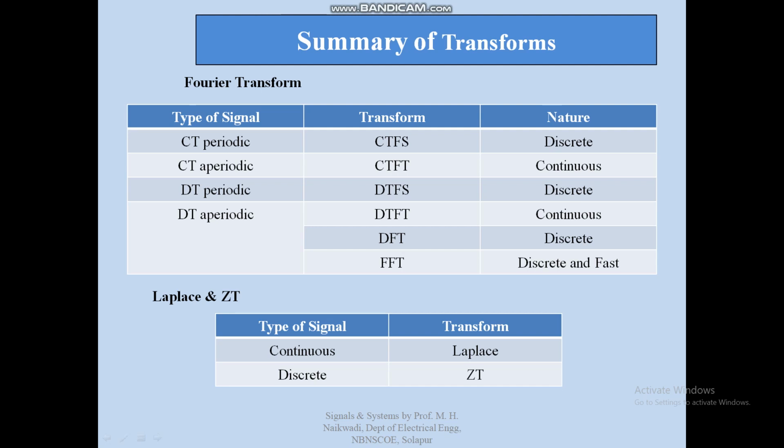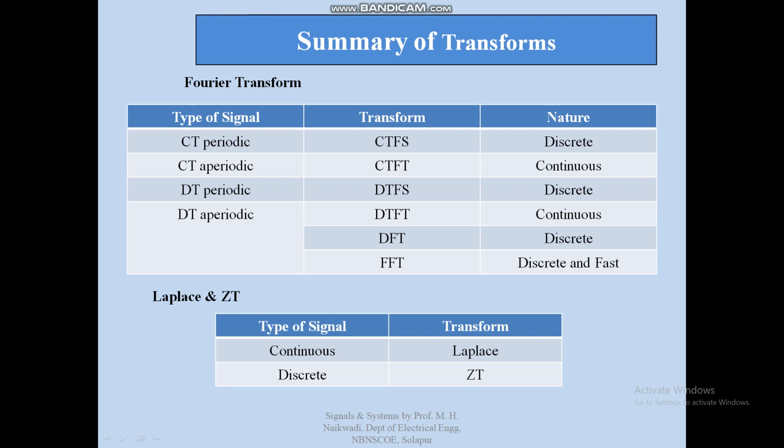When the signals to be analyzed are discrete time, so when it is a discrete time periodic signal, we have the discrete time Fourier series, which again is discrete. And for discrete time aperiodic signals, we have what we call the discrete time Fourier transform.